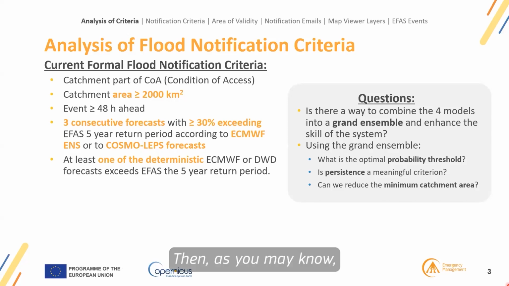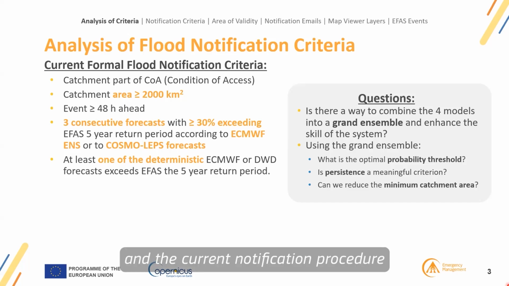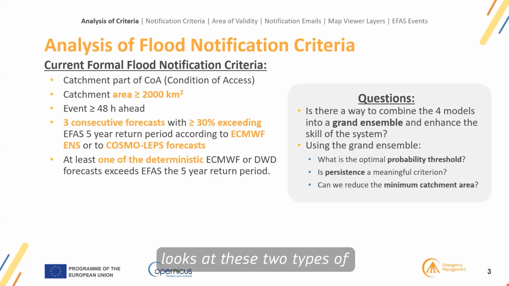And then, as you may know, EFAS is based on 4 meteorological forecasts, 2 of them probabilistic and 2 of them deterministic. And the current notification procedure looks at these 2 types of forecast independently.